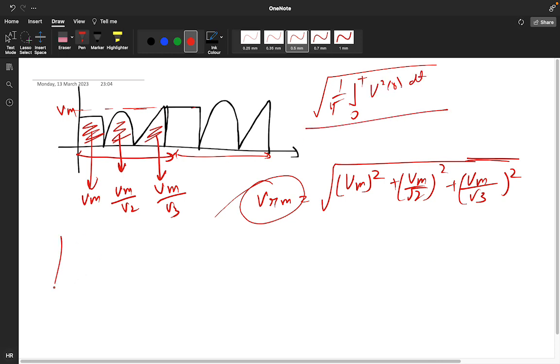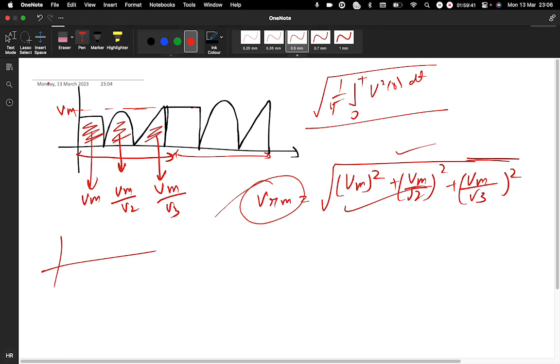If you have the signal, just use this formula. Overall Vrms will be the square root of Vrms1 square plus Vrms2 square plus Vrms3 square. You will get the answer. They have asked this kind of question many times. Okay, this part is clear.